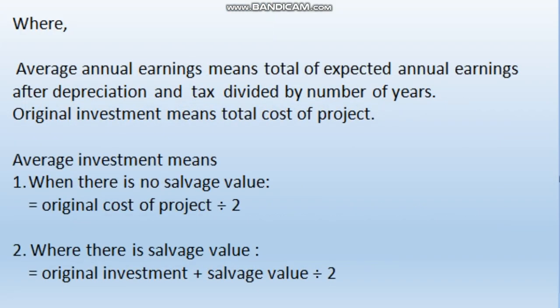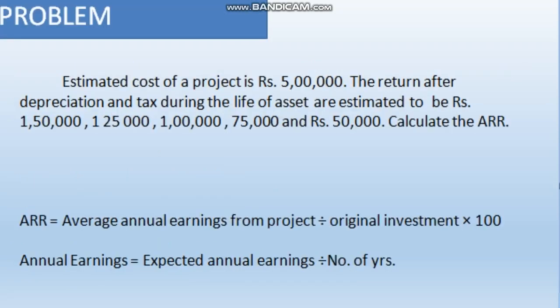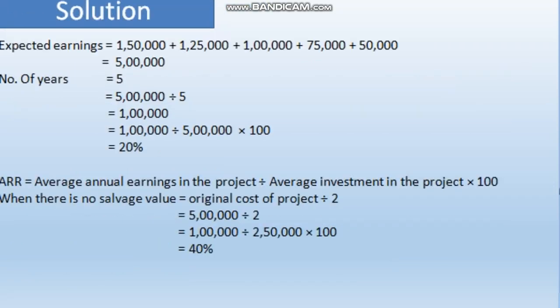While finding average investment, we use two formulas. If salvage value is given, we use original investment plus salvage value divided by 2. If it is not given in the question, we use original cost of project divided by 2. So this is how a problem gets solved.